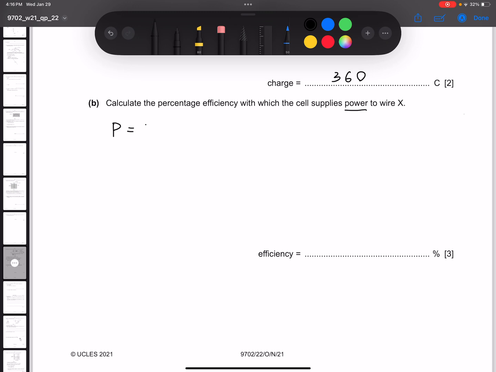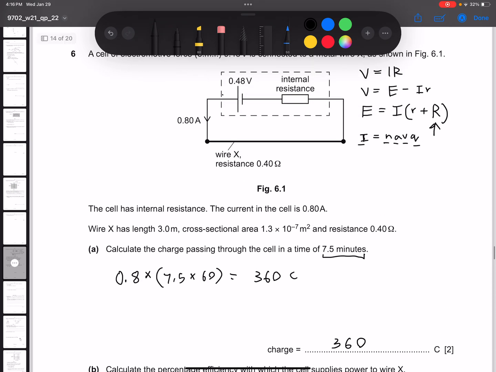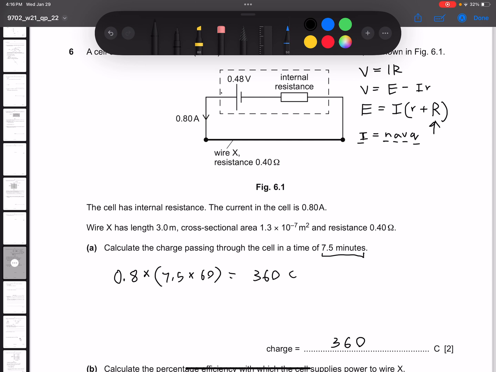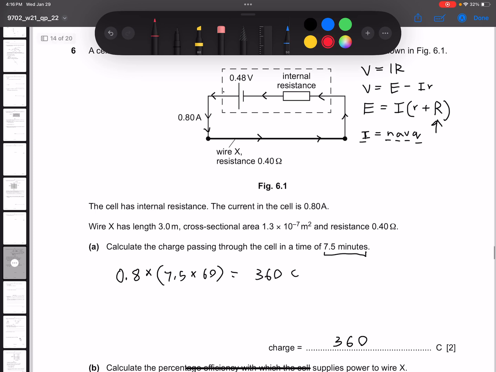So power is equal to current times voltage. Now current is constant everywhere since this is in series: current is constant here, here, here, here. Even within the cell, current is constant. But what is not constant is voltage. Across this component, there is a voltage, which is our output power.